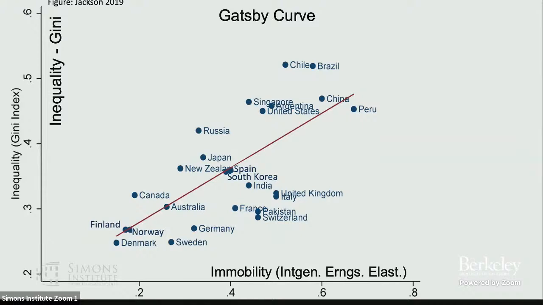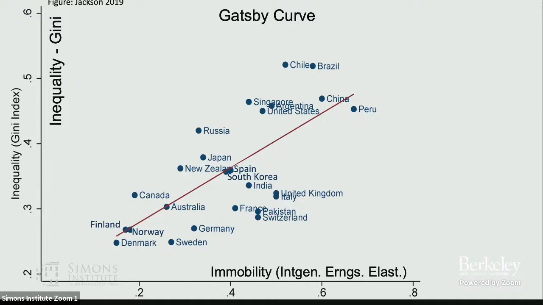One other piece of background to keep in the back of your head is what's known as the Gatsby curve. This was popularized by Alan Krueger in a presentation to Obama in 2012, I want to say. It looks at 2 different things. It's looking at immobility on this axis.